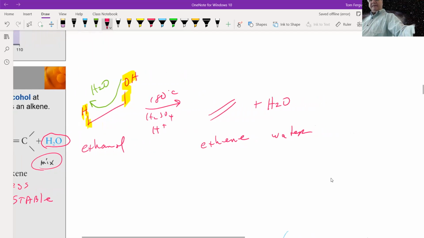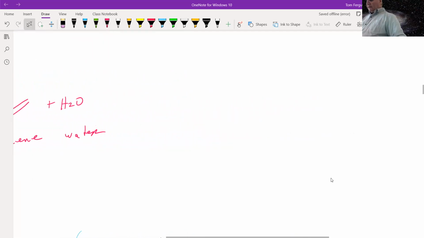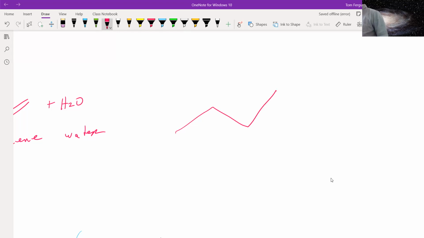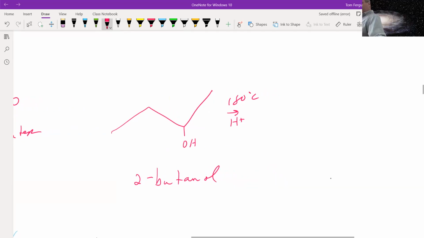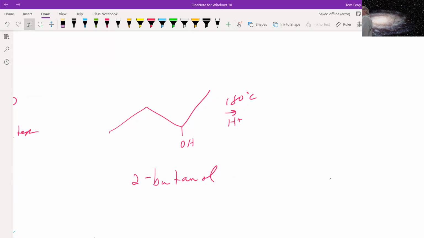Okay, so let's go ahead and do a little more complicated one. So we've got, what is this guy here? 1, 2, 3, 4. So that's a butanol, and it's on carbon number 2. So that's 2-butanol. 2-butanol under 180 degrees in an acidic environment.